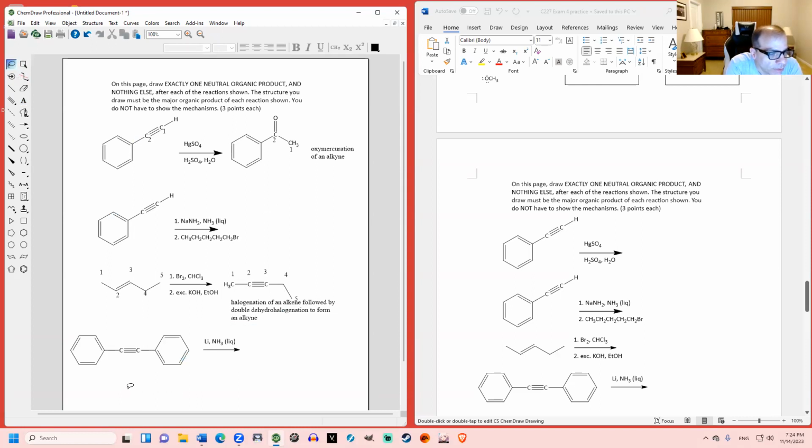The next one, we're treating this alkyne with lithium metal in liquid ammonia. That's a reaction we also talked about in class. That converts the alkyne to a trans alkene. I'll even draw in the benzene rings.